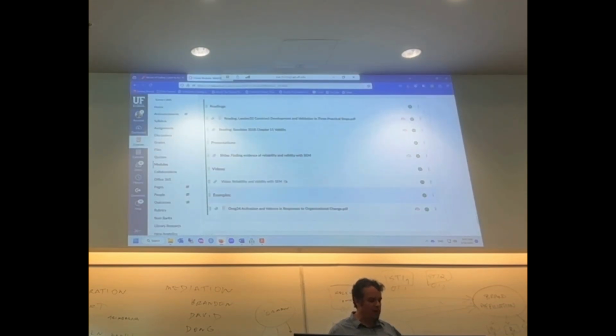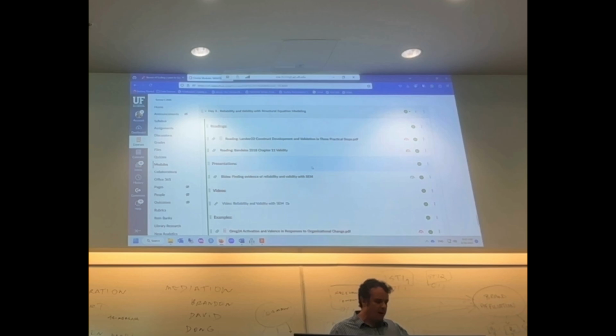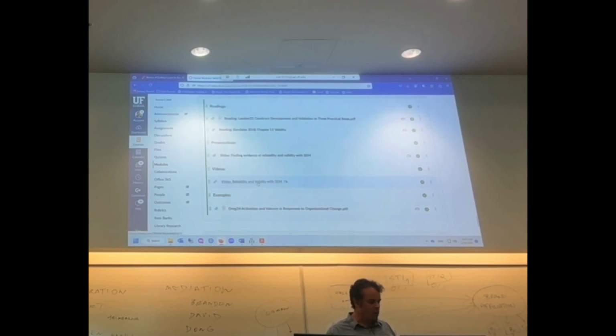So what I have here is a reading that talks about scale development, more from an organizational perspective, and this is from a measurement book that we use in my program that goes over the modern conceptualization of validity, and I want to show you how I'll open this slide.